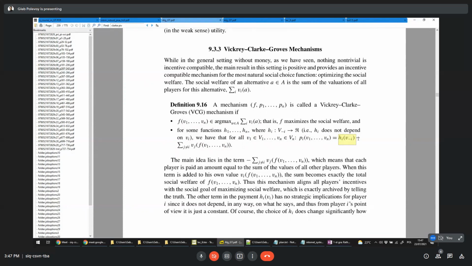That's the intuition. But this h can be chosen in many ways, and we said that the choice of any h is enough for incentive compatibility. But if you want the mechanism to also be reasonable, you have other requirements.